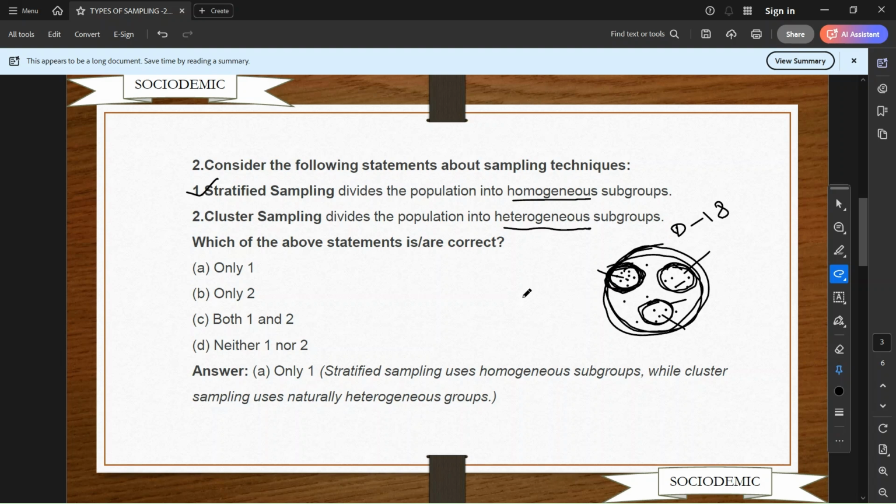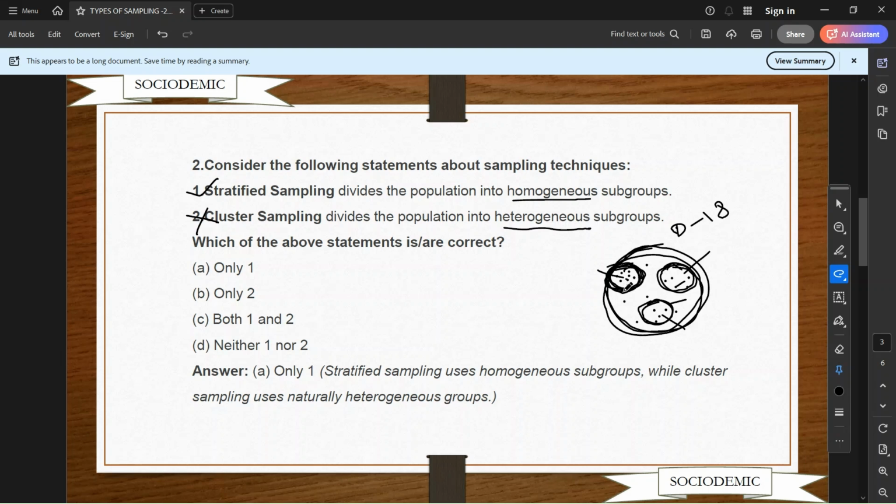So clustered sampling divides the population into heterogeneous groups is a wrong answer. Why? Because the population is already divided into heterogeneous groups. So clustered sampling does not divide into heterogeneous subgroups.